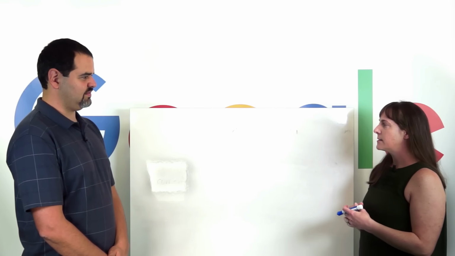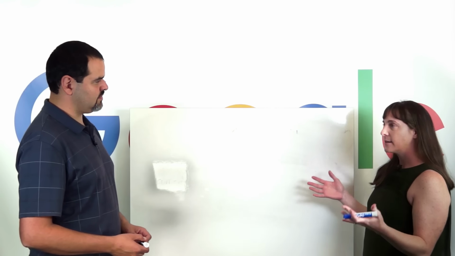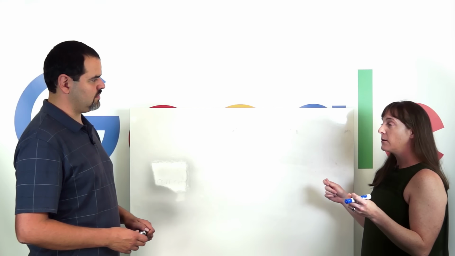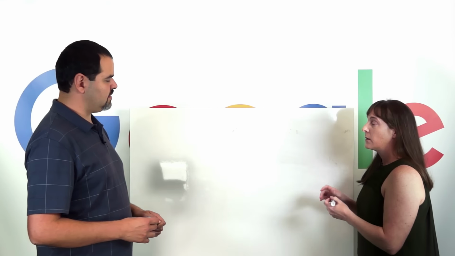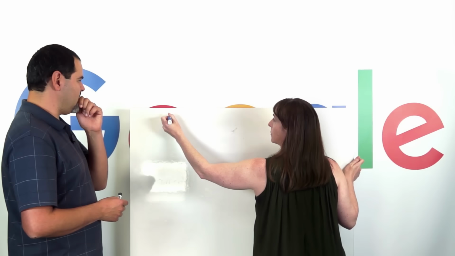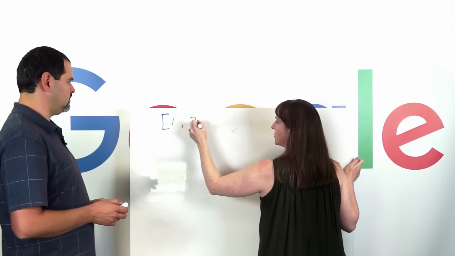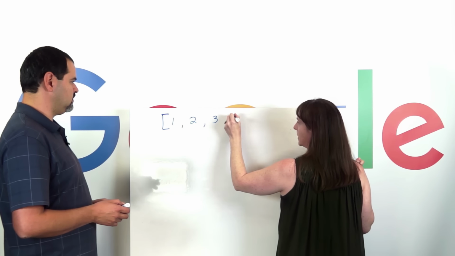So Edgar, the question I'm going to give you today is, I'm going to give you a collection of numbers, and I need you to take this collection of numbers and find a matching pair that is equal to a sum that I give you as well. Okay. So for example, the collection of numbers could be 1, 2, 3, and 9.